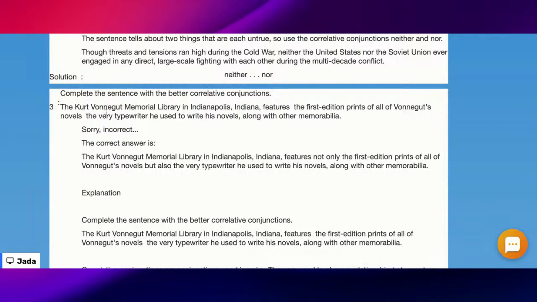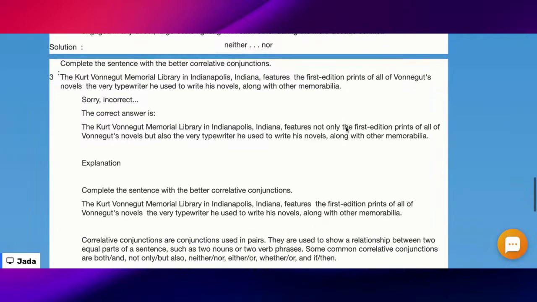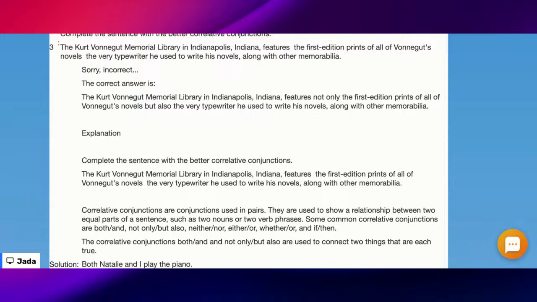The Kurt Vonnegut Memorial Library in Indianapolis, Indiana, features dash the first edition print of all Vonnegut's novels dash the very typewriter he used to write his novels, along with other memorabilia. So what is the best pair here?